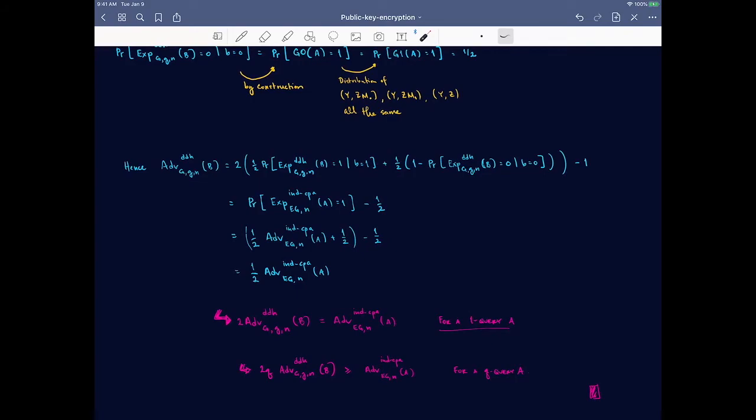What does this actually mean? Well, okay, so Q, what is Q? Q is the number of challenge encryptions that the adversary sees. So this is like the number of public key ciphertexts that an adversary might see when it's observing some communication. If that number Q is big, then what does that mean?